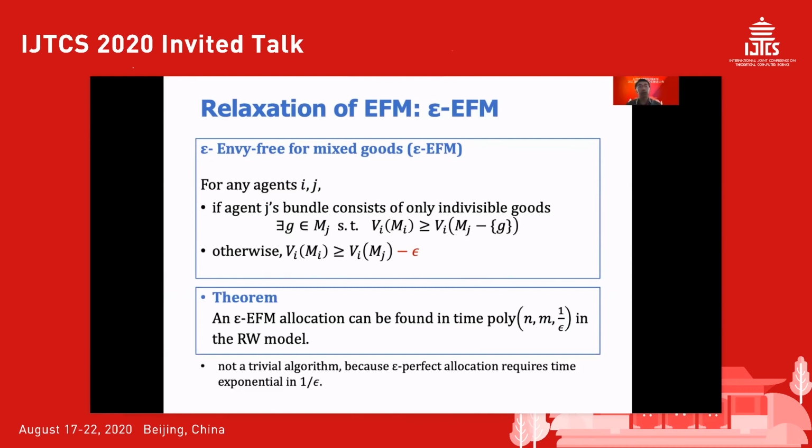I also want to mention that this is not a trivial algorithm because we cannot simply replace the previous perfect allocation oracle by an epsilon perfect allocation oracle, because that would require exponential running time. But here we want to find a polynomial running time algorithm, so we need to introduce some new techniques. We will skip the details here.